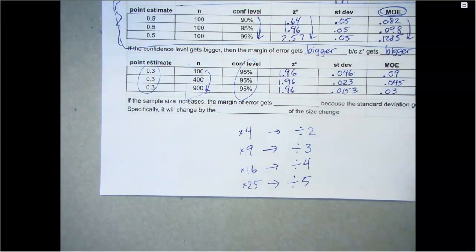The reason for that is, where is the n in the formula that we're working with? It's underneath a square root. So if I make this 25 times bigger, there's really a 25 on the bottom of this fraction. But when I take the square root of the 25, it becomes a 5. So if you multiply it by 4, it doesn't change by a factor of 4.